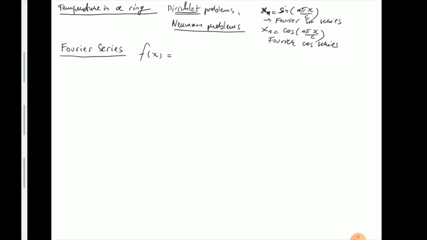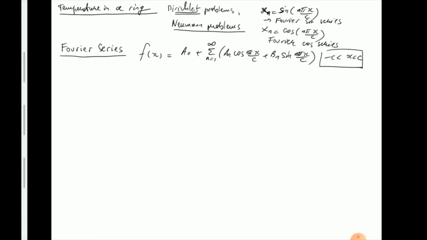When you identify the function by this type of summation, both sine and cosine, on some interval minus c and c. Now remember, for the Fourier series that contains both sine and cosine, the default domain is a symmetric interval around the origin.